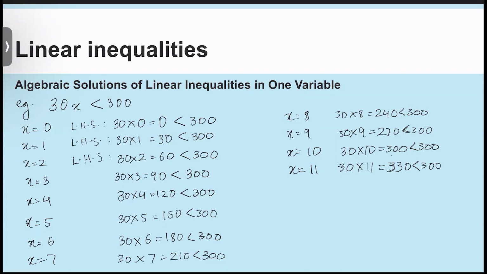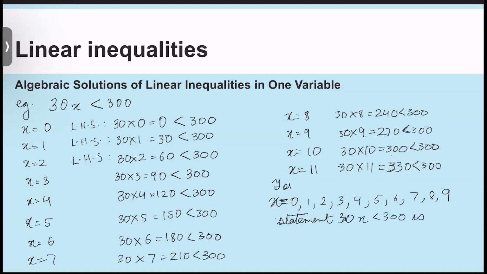You can see that for x equal to 0, 1, 2, 3, 4, 5, 6, 7, 8, and 9, the statement 30x less than 300 is true.